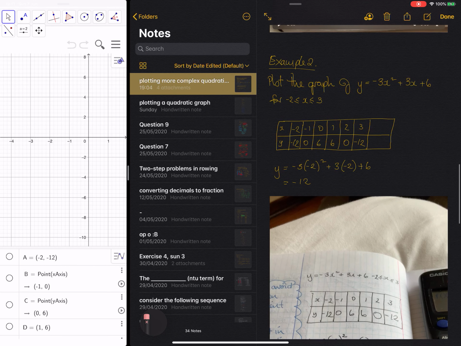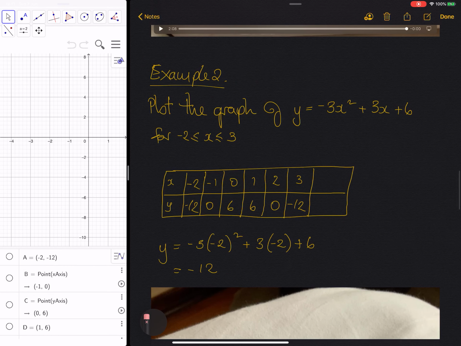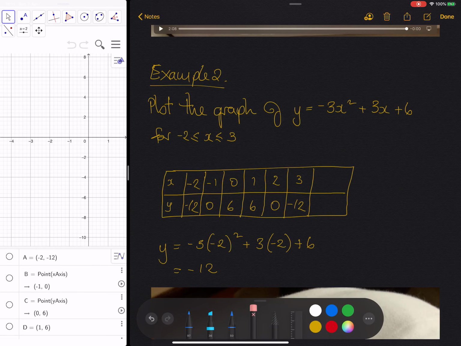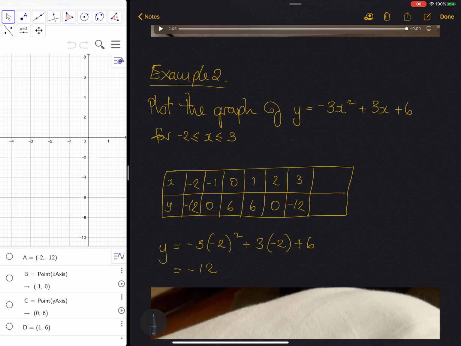So now we want to plot the graph of y is equal to minus 3x squared plus 3x plus 6, for the values of x between minus 2 and 3. And the first thing I would like to draw your attention to is the fact that the coefficient of x squared is negative. So this quadratic is going to be this shaped.